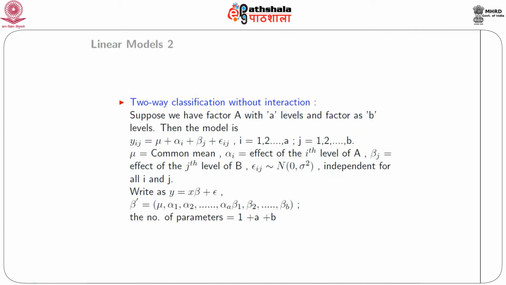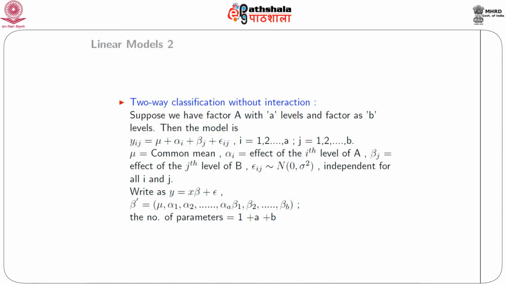Of course, life is much simpler if we do not have interactions. So, let us first start by writing down the model for the case of two-way classification without interaction. Let us call the factors A and B, and also assume that the number of levels of capital A is denoted by little a and the number of levels of capital B is denoted by little b.